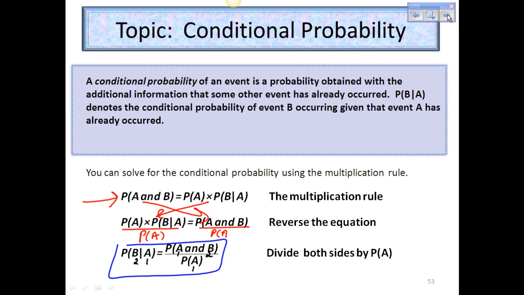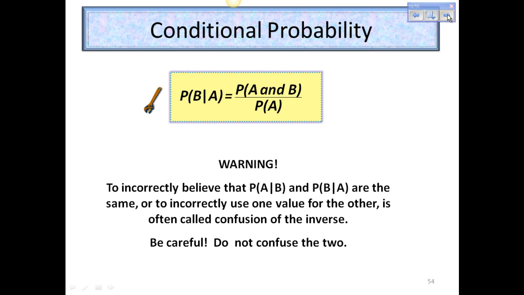Okay, so you could think of this almost as the probability of 2 given 1 is equal to the probability of 1 and 2 over the probability of 1. If that numbering helps you, the order changes. So, make sure you pay close attention to that order.